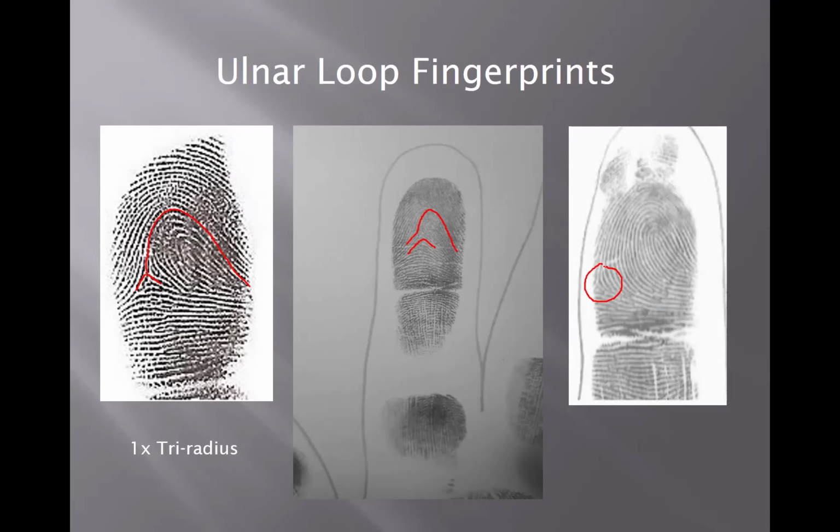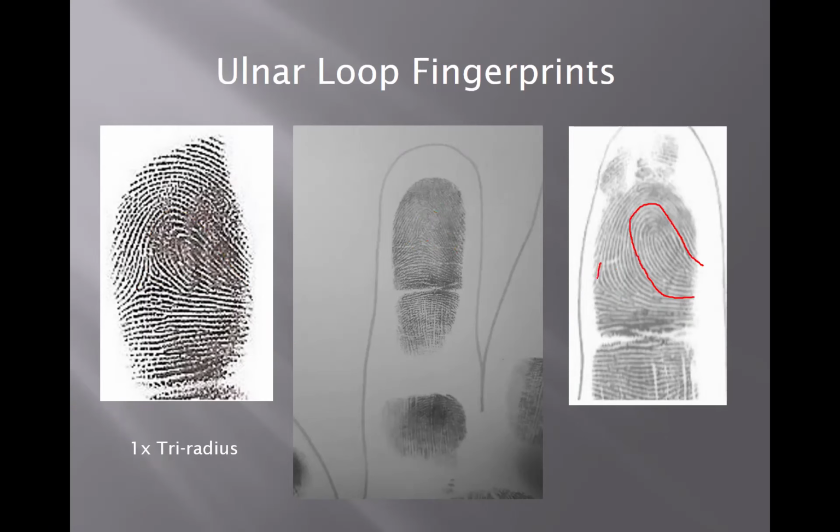So there are various places in which these triradii can occur. You have to look very carefully. But the characteristic thing of the loop pattern is that it has this kind of wave that goes up and around it like that. But the most important thing and the defining characteristic of the loop is that it has one tri-radius.